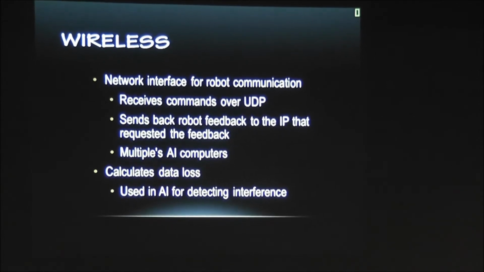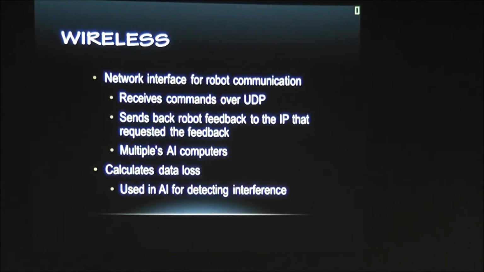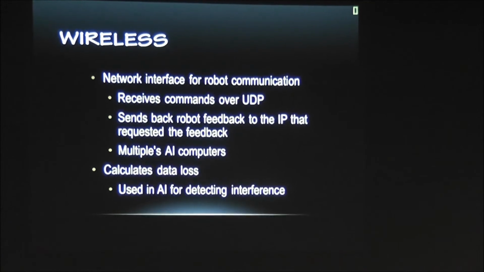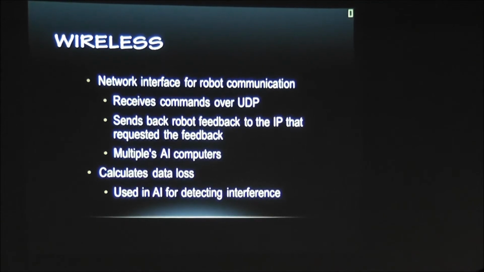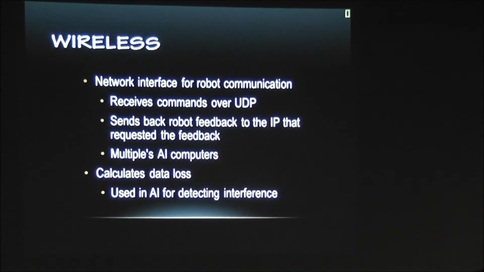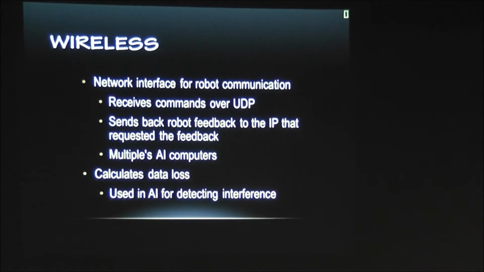One of its major improvements is that many AI computers can connect to the network and send command data to the communication board, and it sends back the feedback data, and they can work completely with no interference with each other. And one other thing this board does is it automatically calculates the data loss on this frequency for all the AI computers connected to this board, and sends the data loss back, and the AI detects the interference.